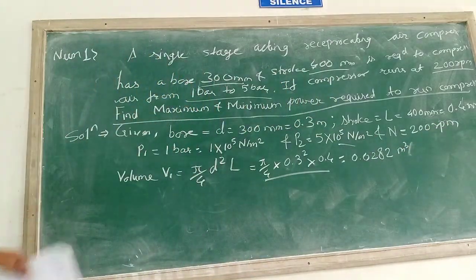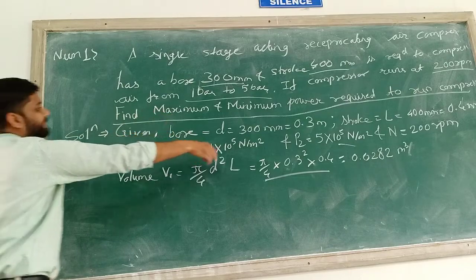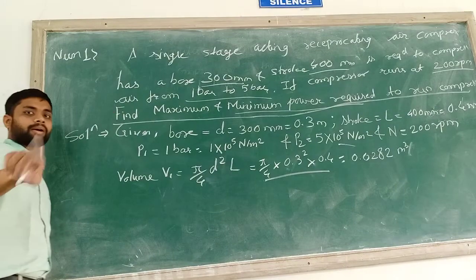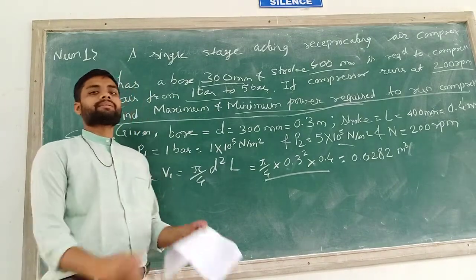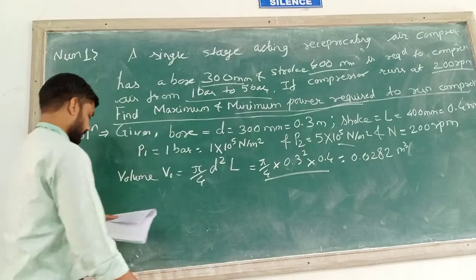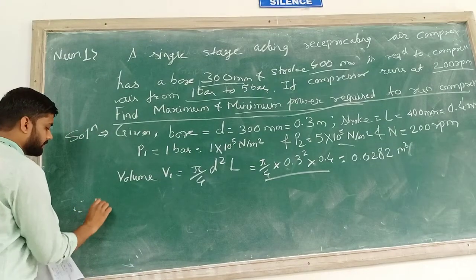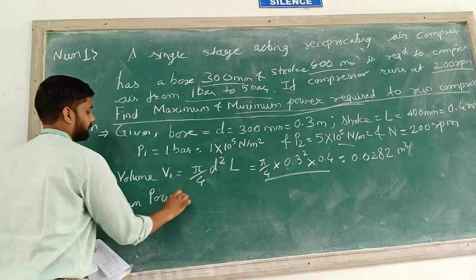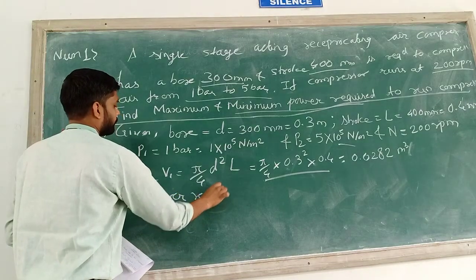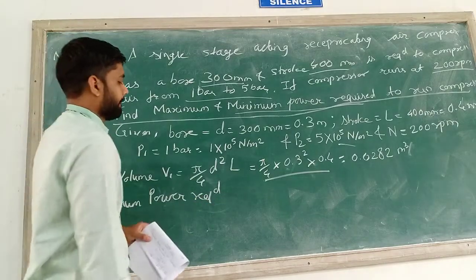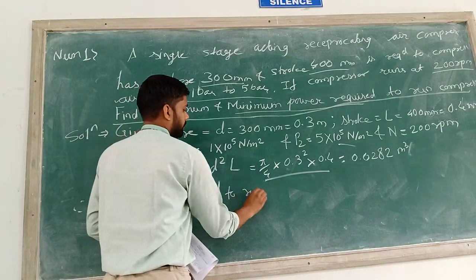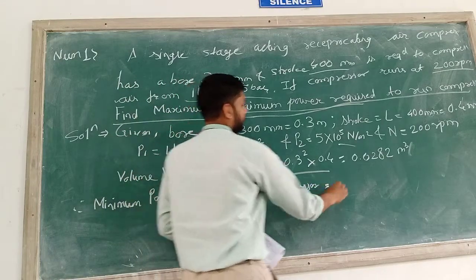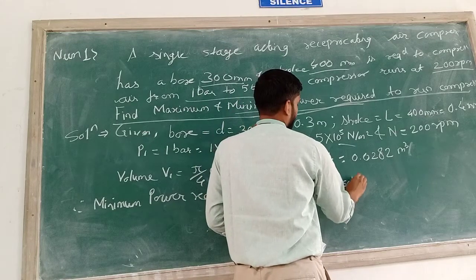Okay. Now we can use the direct formula for the maximum power and minimum power required. As I have already told you, the minimum power required is the isothermal power. Therefore, the minimum power required to run the compressor is P of isothermal.